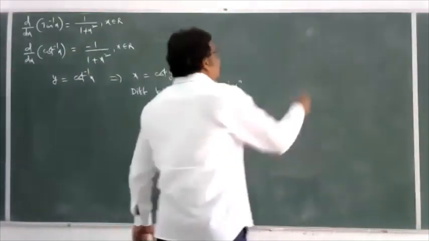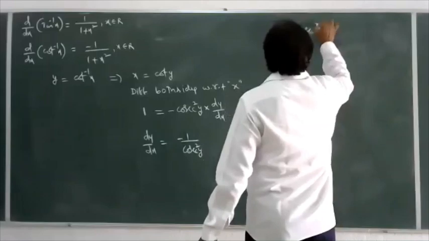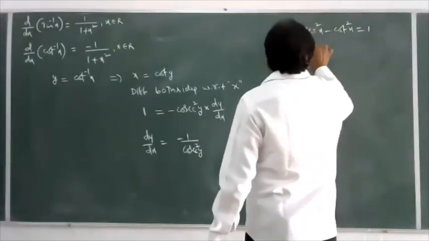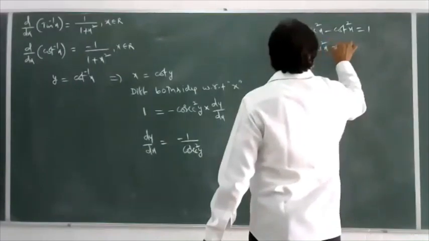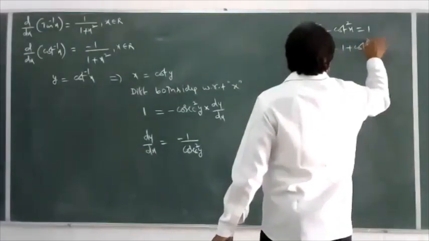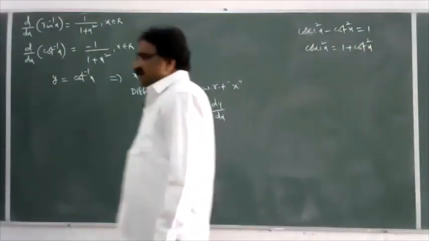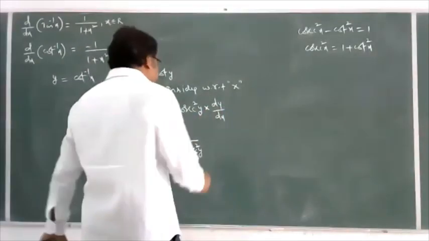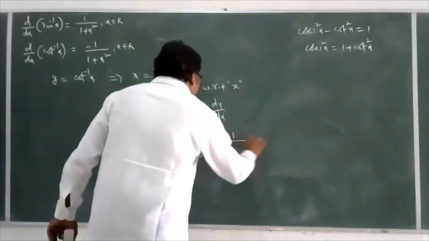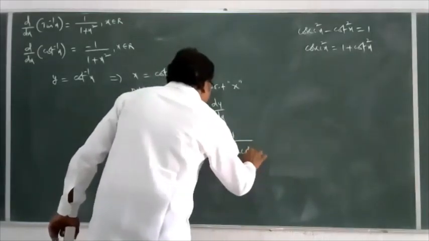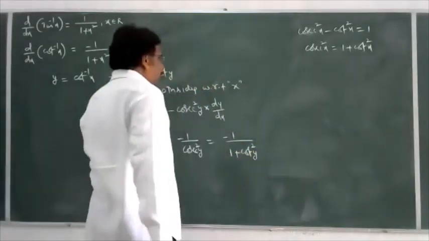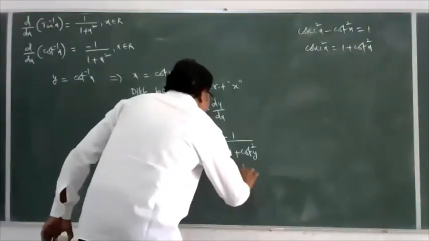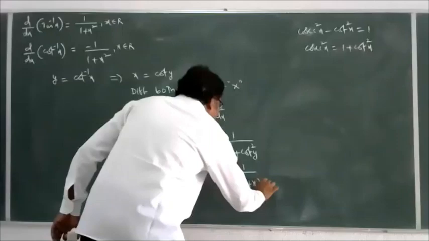From the trigonometric formulas, cosecant square x minus cot square x is equal to 1, that is, cosecant square x is equal to 1 plus cot square x. Here, instead of cosecant square y, you substitute 1 plus cot square y. That is minus 1 by 1 plus cot square y. Here cot y is equal to x, so that is equal to minus 1 by 1 plus x square.